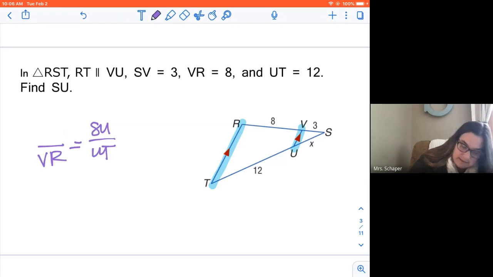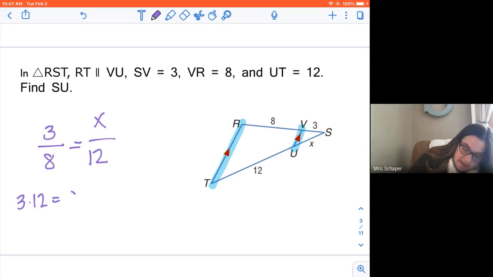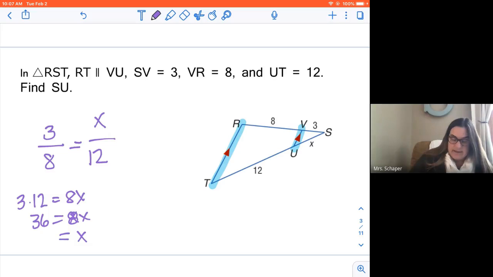VS is 3, VR is 8, SU is x, and UT is 12. So 3 times 12 is equal to 8x, so 36 equals 8x. So x is equal to 4.5.